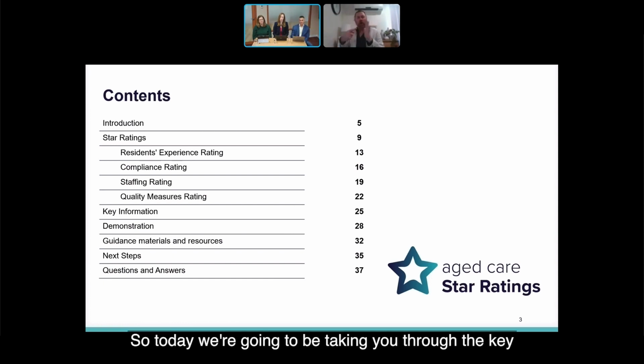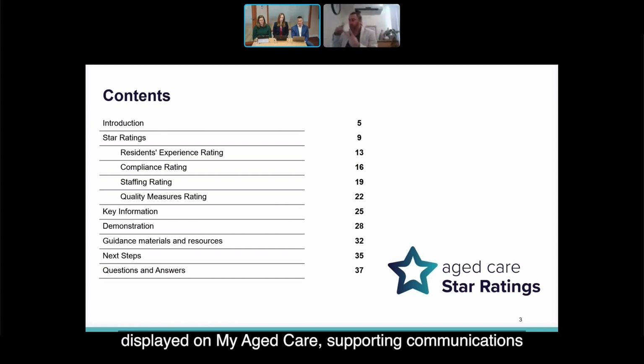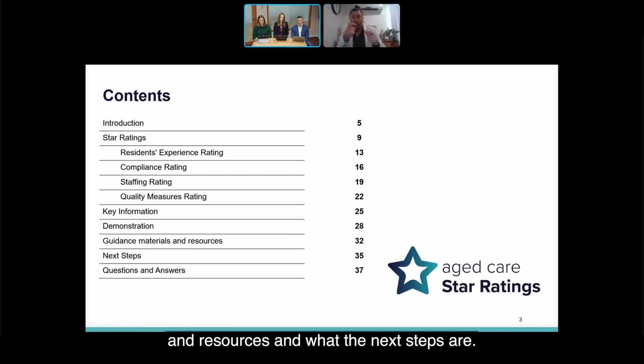So today we're going to be taking you through the key information about Star Ratings. In particular, information about the overall Star Ratings and rules for the 4 subcategories, the reporting requirements, how Star Ratings will be displayed on My Aged Care, supporting communications and resources, and what the next steps are.